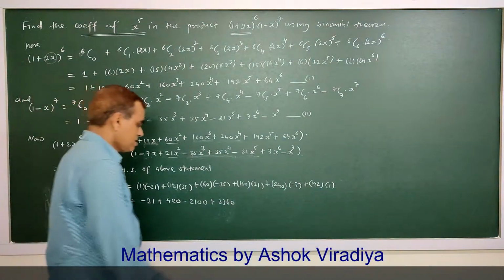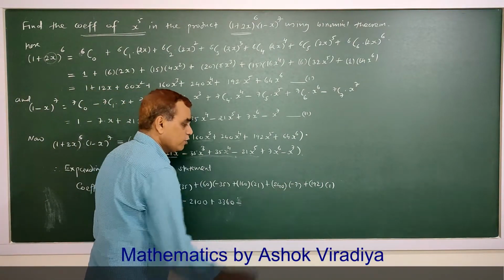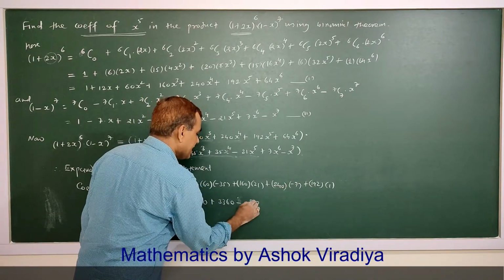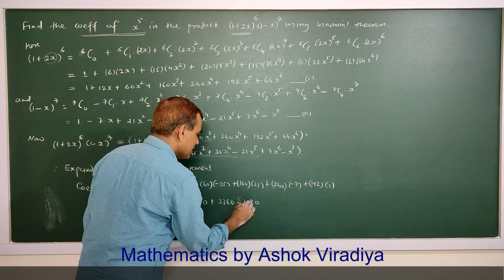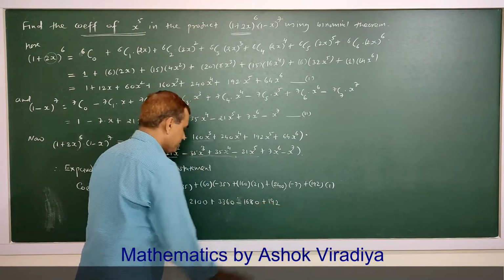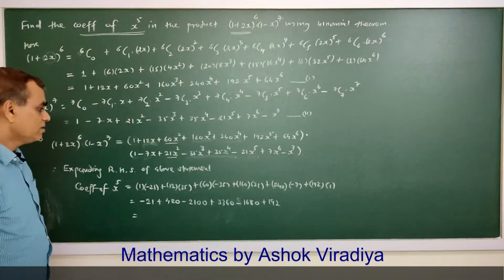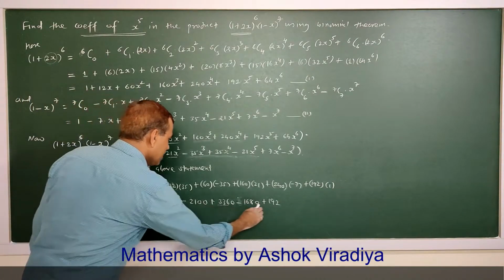Then minus 240 into 7, that is 1680. Plus 192. Now these 1, 2, 3 are positive numbers.